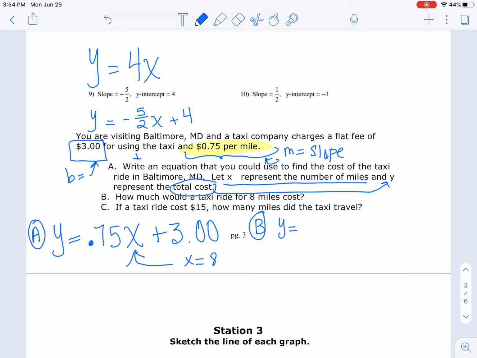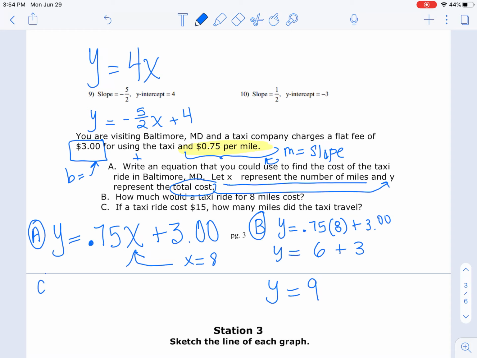So y equals 0.75 times the 8 miles plus the $3 fee. Okay, so if I take the 75 cents and multiply that by 8, I get 6 plus the $3. The total cost for getting the taxi and going 8 miles would be $9. All right, so this is the answer to B.